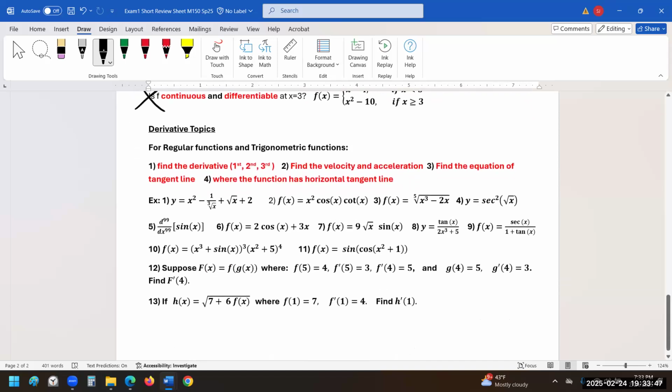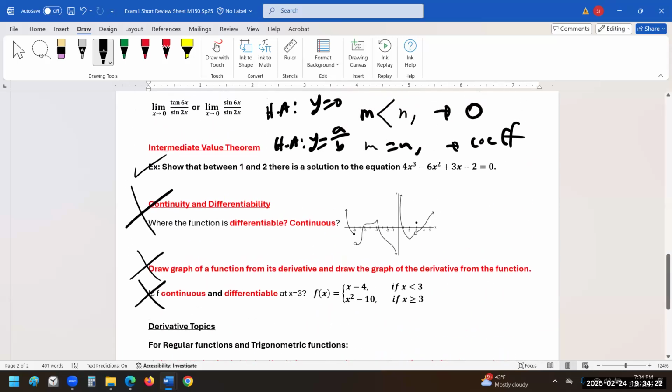And then from derivative, one tangent line, find the equation of the tangent line, one where the tangent line is horizontal, one question, and then five questions from five different types of derivative. Chain rule itself has two, okay? One is function inside function, and one is the power. So chain rule has two, and then the other three, whatever. So this is the outline of your exam.